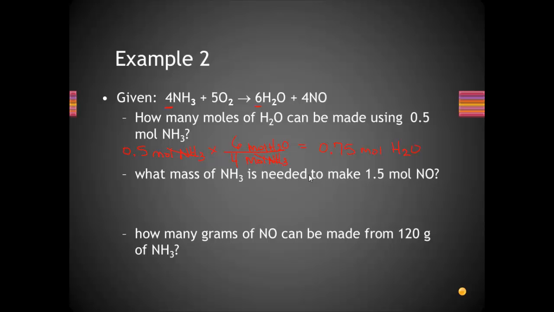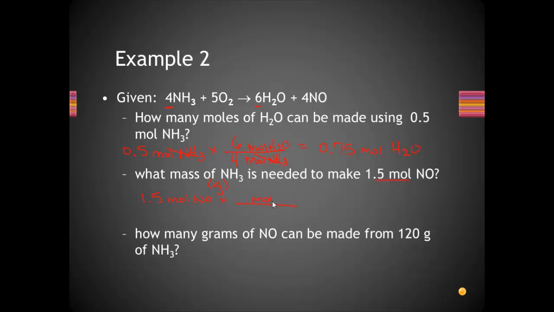Let's do this next one. What mass of NH3? Now that's going to be grams. And I'm starting with 1.5 moles of nitrogen monoxide. So I have moles, and I need to go to grams of a different chemical. This is going to be a two-step problem. The first thing I have to do is convert the moles of NO to moles of NH3.